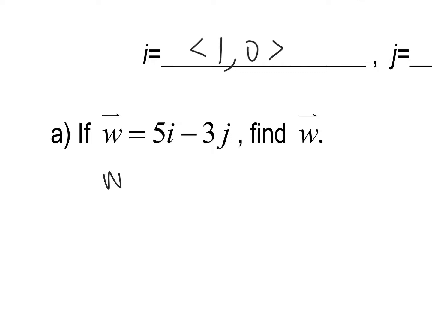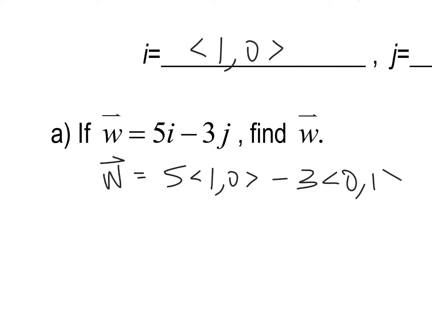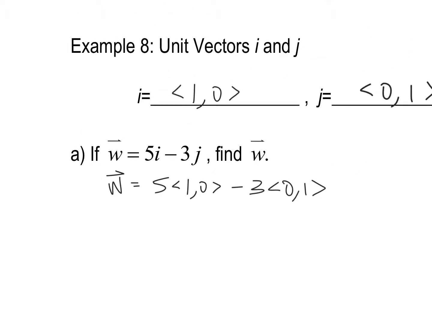So this means that the vector w equals 5 times, well, i is 1, 0, and j is 0, 1. So what I'm doing is filling in this vector for the i, and filling in this vector for the j. And then I know how to combine that. We already practiced that at the beginning of the video, so that gives me a vector of 5, 0, plus, I'm going to change it to a plus negative just so I don't lose that negative, 0, -3.